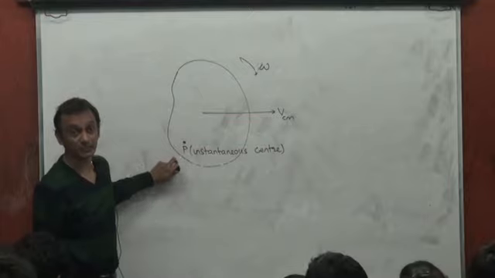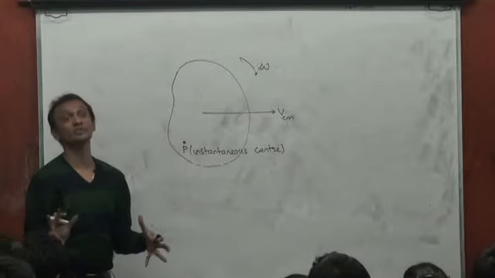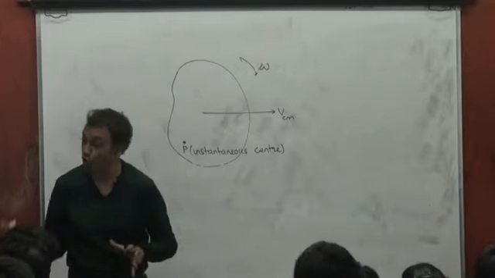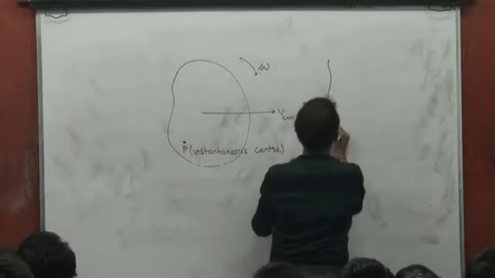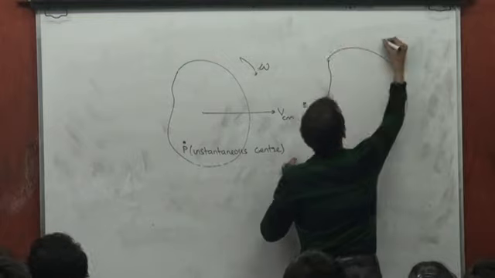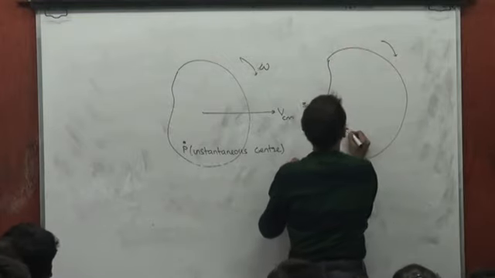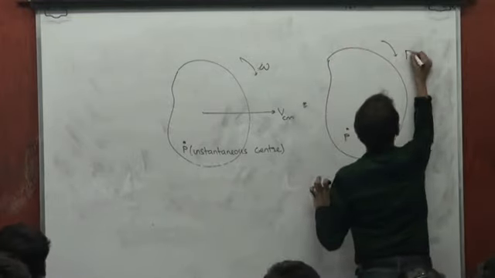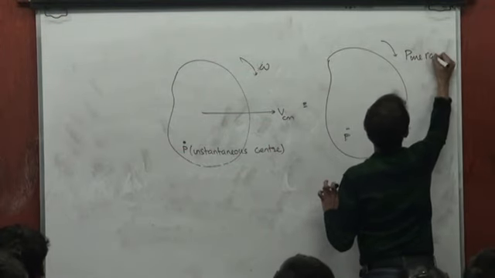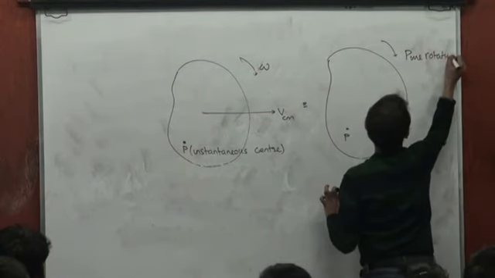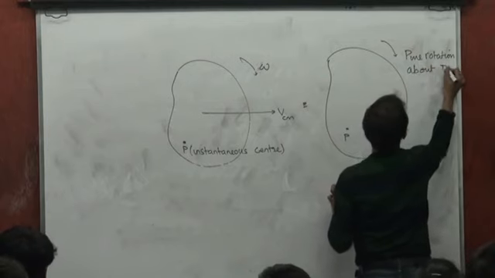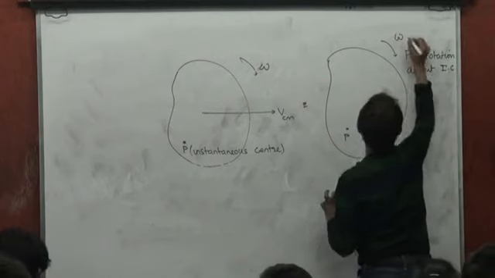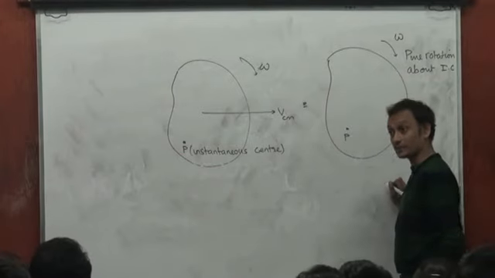Then this entire motion could be conceived to be pure rotation about P, about the instantaneous center, with angular velocity the same as before.